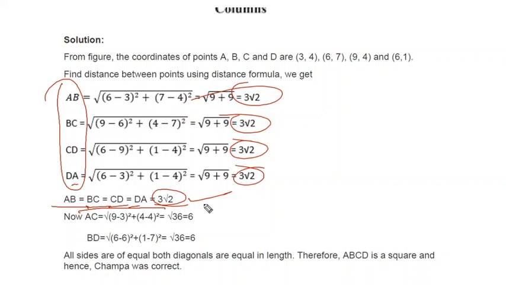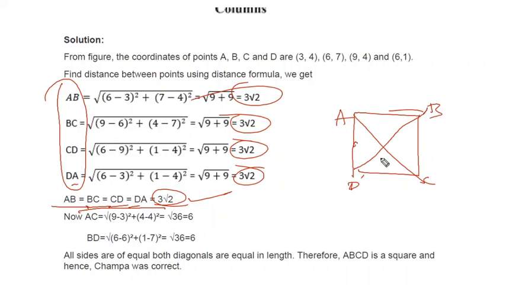But here we also have to see whether the diagonals, AC and BD, are equal or not. Let's see, we have to find AC now. So AC equals root of (9 minus 3) whole square plus (4 minus 4) whole square. 9 minus 3 is 6, 6 square is 36, 4 minus 4 is 0, so we leave it.